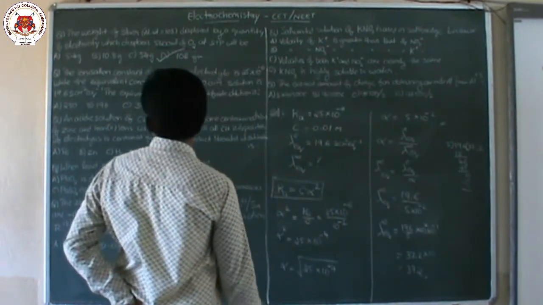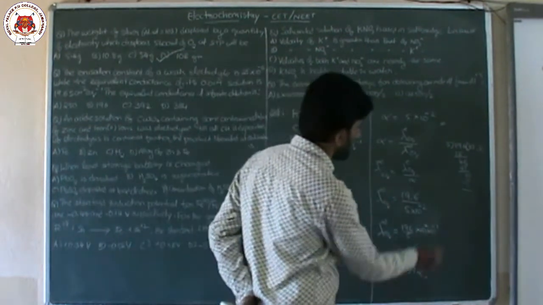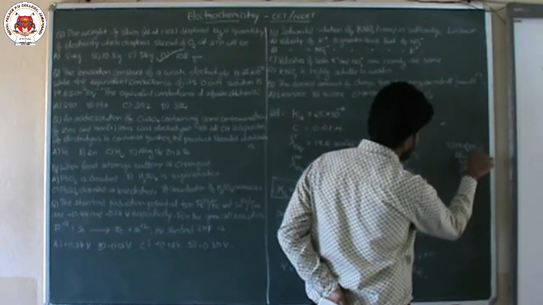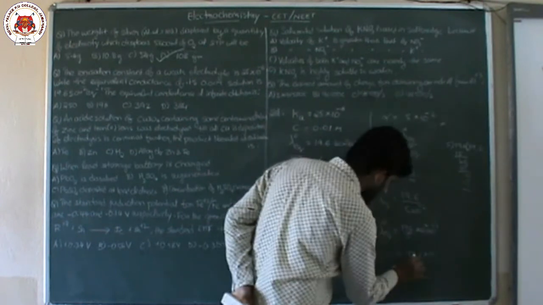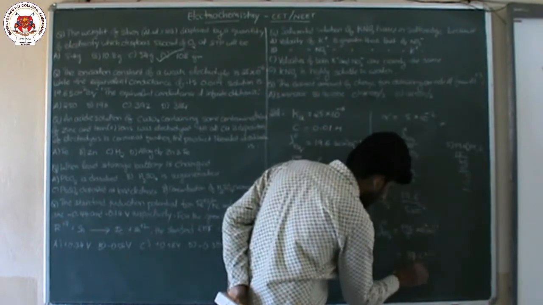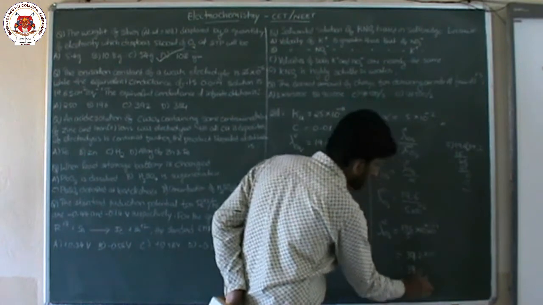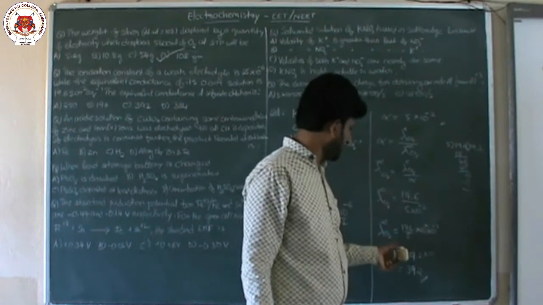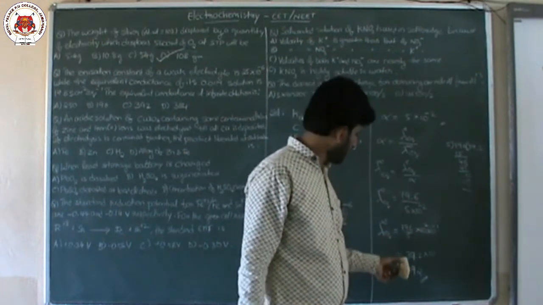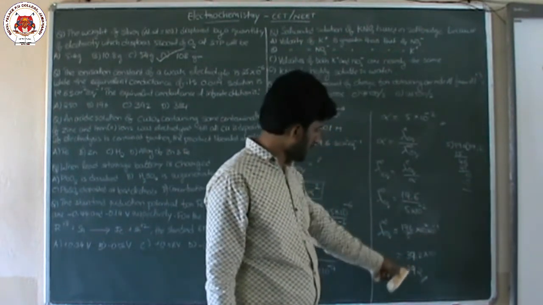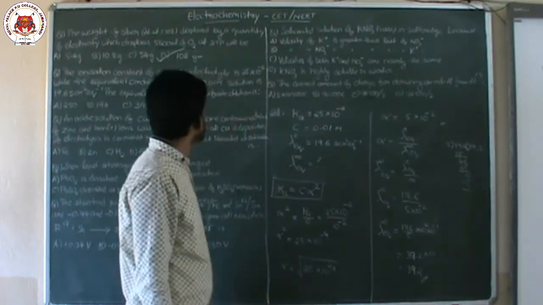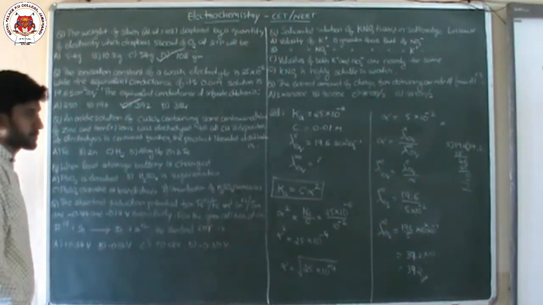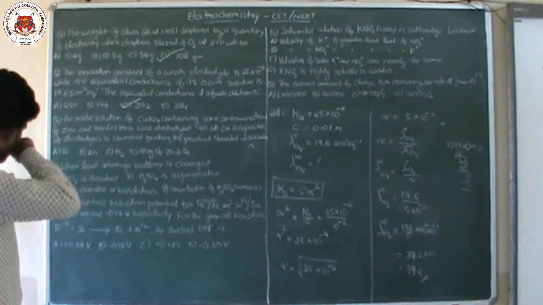Sorry, some calculation error here: 9 times, so 3.92 into 10, it is 392 you will get. This division, 196 by 5, means 39.2, which gives rise to 392. So the answer is 392. Okay, next question.